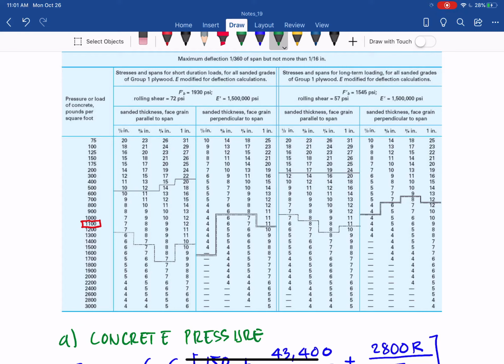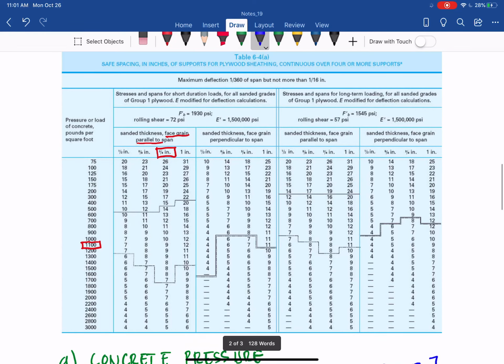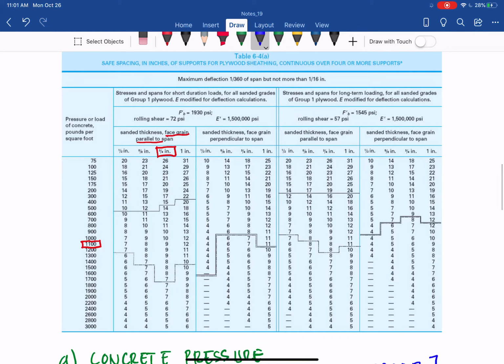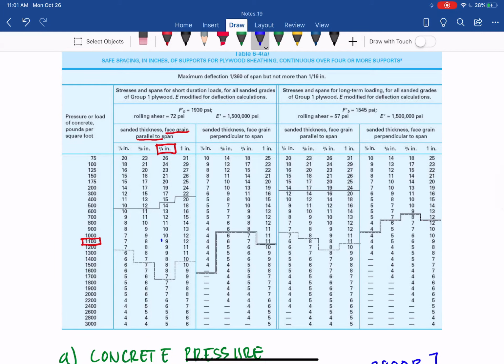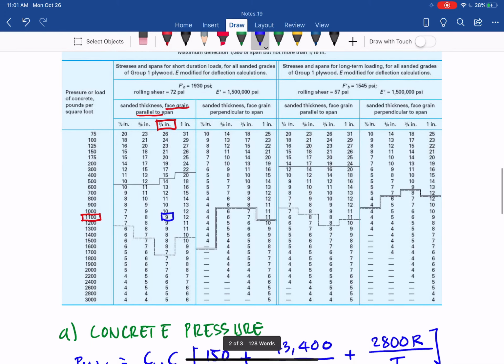So that's why we use this column. And the plywood thickness is this one. So at the end, you choose the safe spacing in inches will be this number 9. So that's what we read from the table in there.